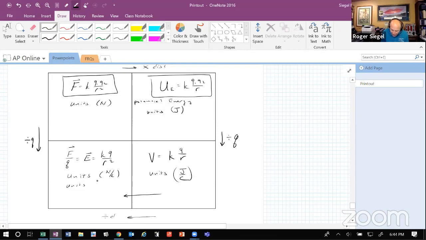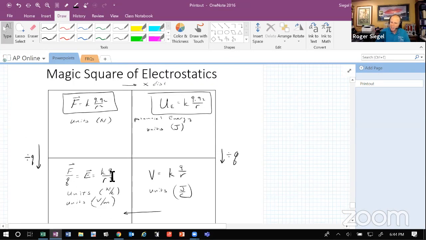And so what we get here are volts per meter. And so the electric field units are either newtons per Coulomb or volts per meter. They're both. We'll probably visit this again because it's just really helpful.